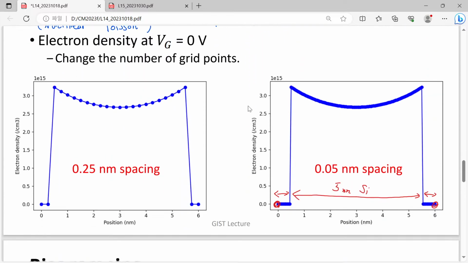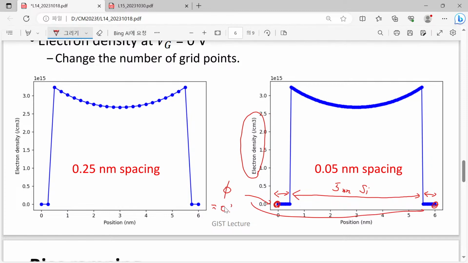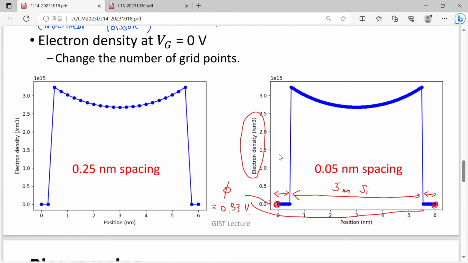So although this is written as electron density, if we draw phi, then at these 2 points we will have values corresponding to approximately 3 volt. Here we have an oxide layer and here we have an oxide layer. Since they are all oxide layers, inside them we have no electron.